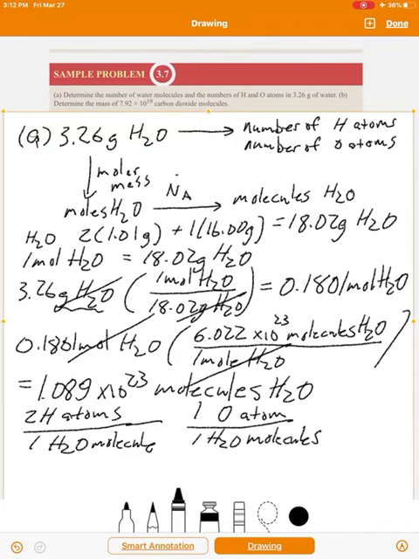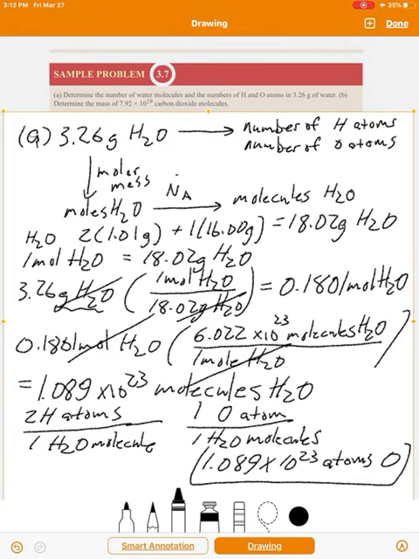Now you can go through this formally. If we have the number of water molecules, the number of oxygen atoms would be the same, right? Because every time you have one water, you have one oxygen. So oxygen atoms would be the same number, 1.089 times 10 to the 23rd. So there's one answer.